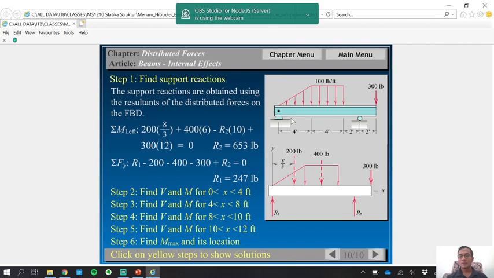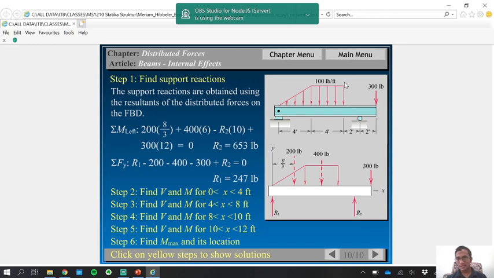You can see here, just now I explained: from x equal to 0 to x equal to 4, there will be one continuous equation because the distributed force is continuous. Then, because at x equal to 4 the distributed force changes from linear to constant, the continuity of the first equation stops there. We have to change to another equation, so we have to represent the second part with another equation.